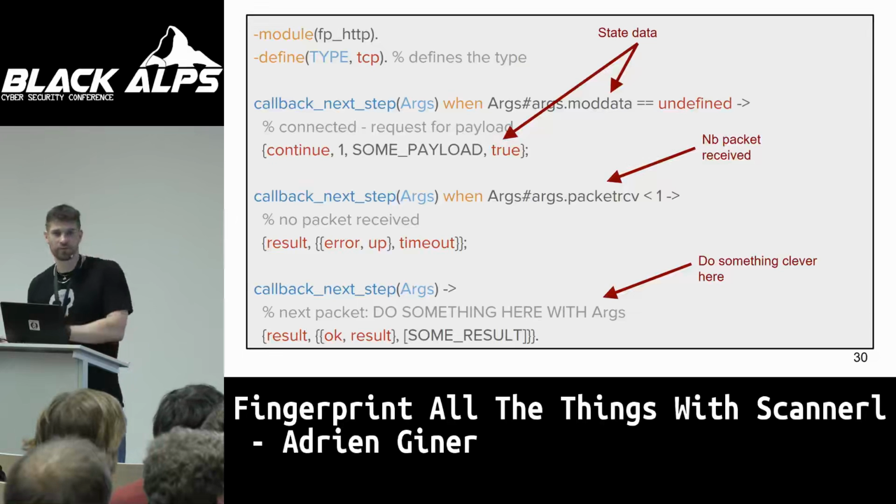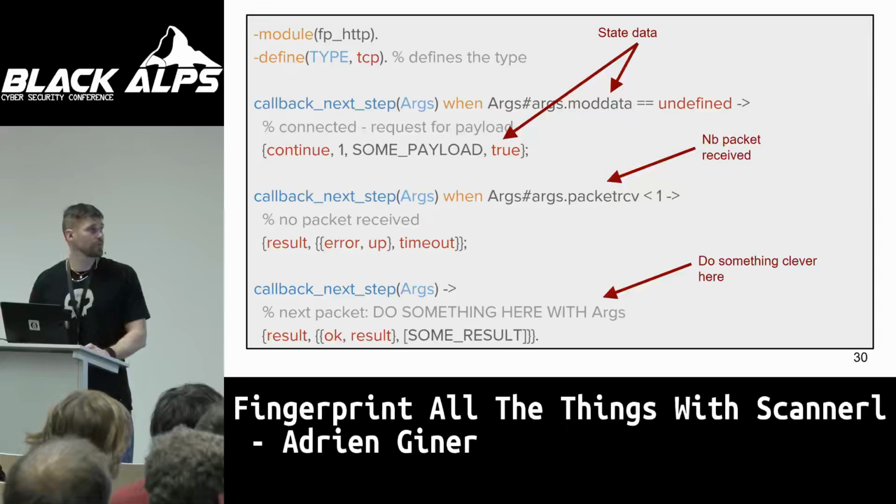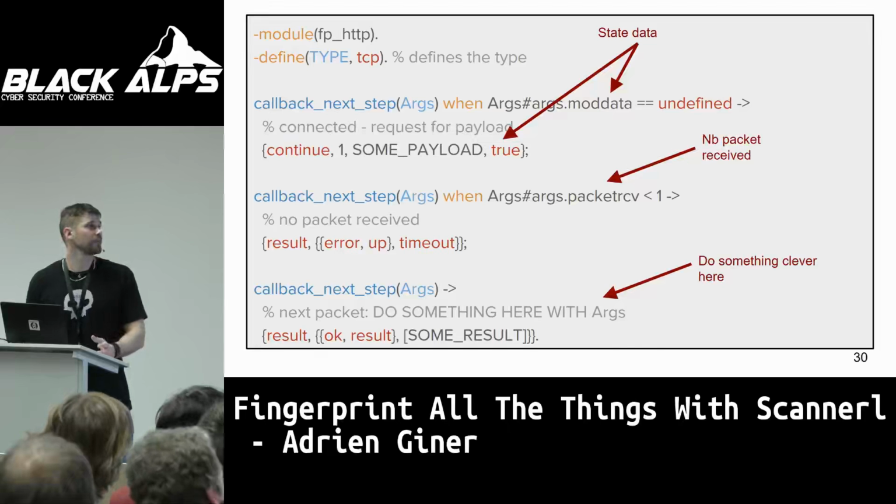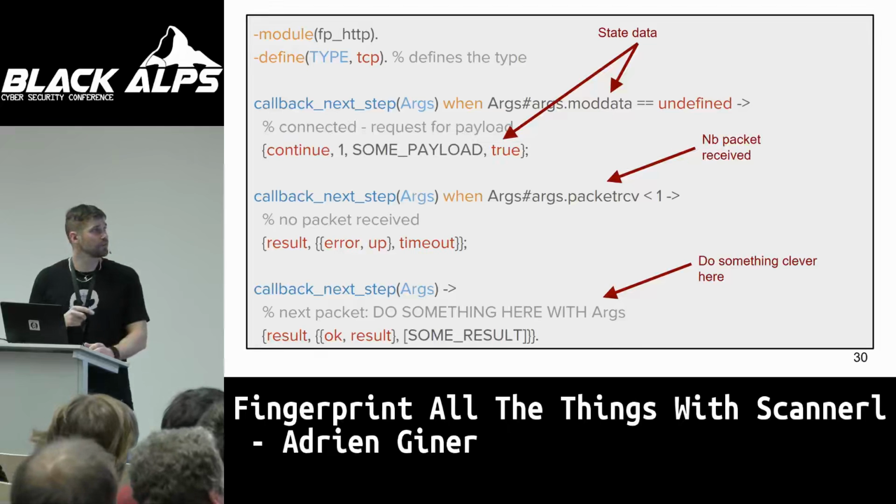So this is what will be sent to the remote host. The second one enters if nothing's come back. For example, the remote host has no answer or is not running the service we expect it to be running. So here you would return some kind of error like a timeout, for example.